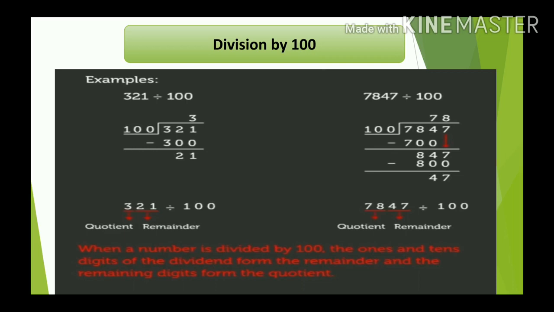And similarly in this one, 7847 divided by 100, 47 becomes the remainder and 78 becomes the quotient. So when a number is divided by 100, the ones and tens place digits of the dividend form the remainder and the remaining digits form the quotient.